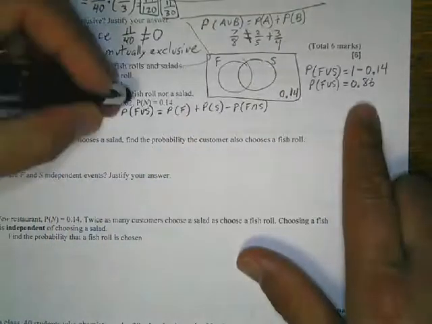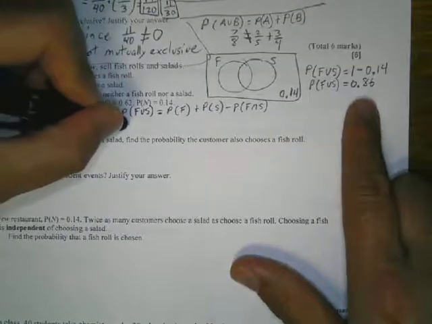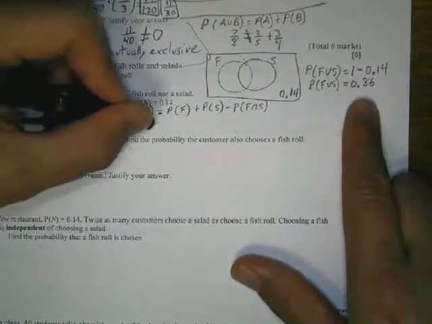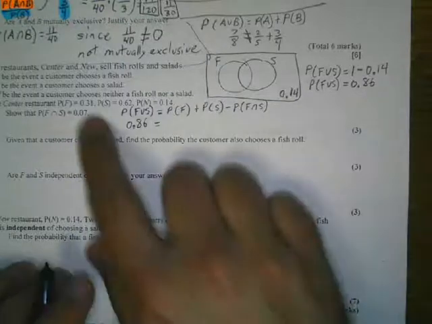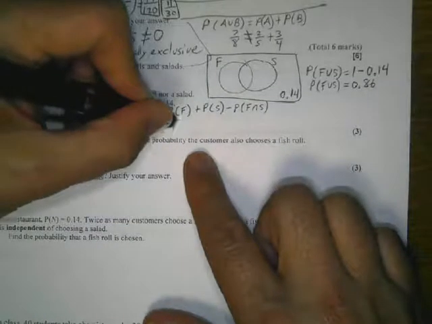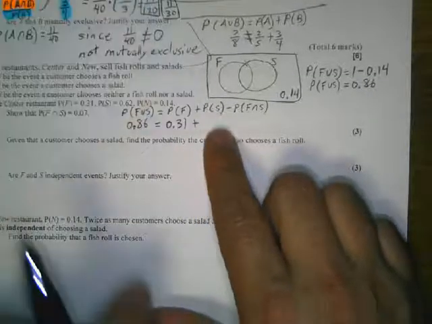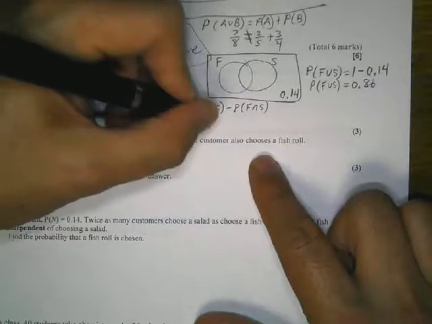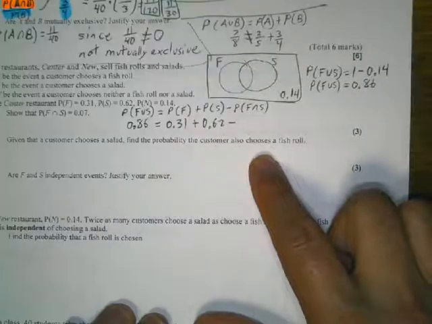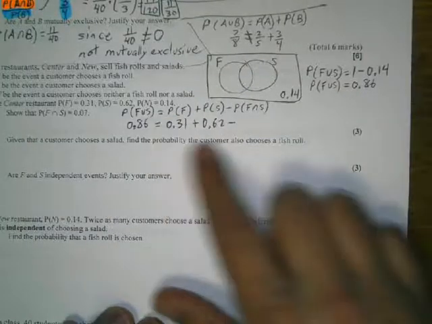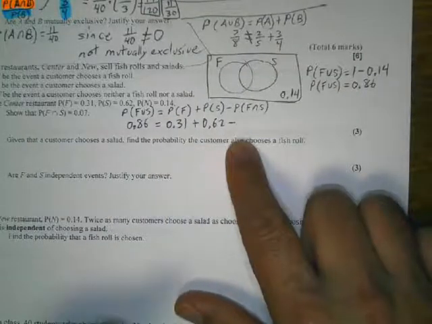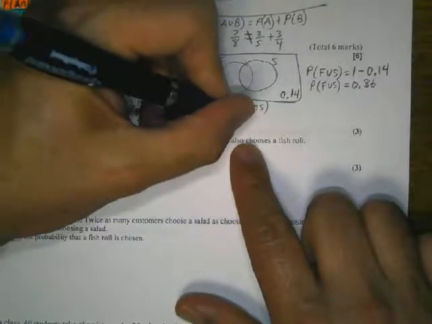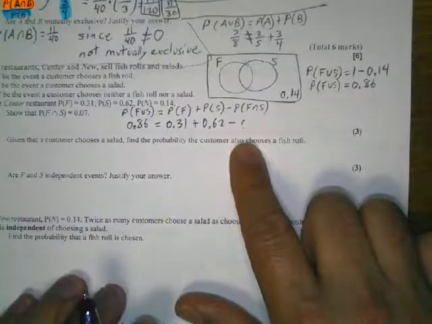I'm going to replace the union with 0.86. Probability of fish is 0.31 plus salad 0.62. Intersection, we don't know what this is.